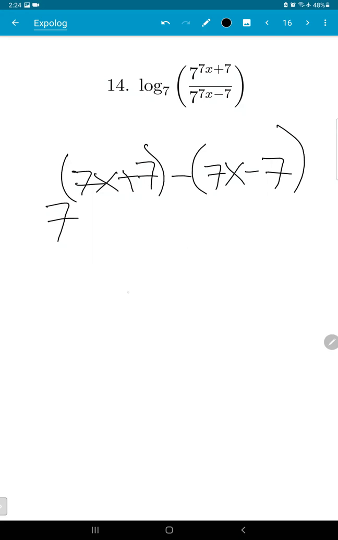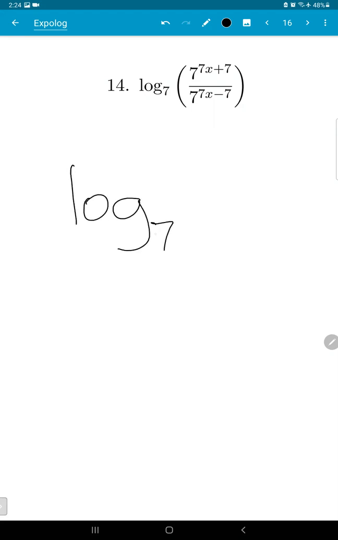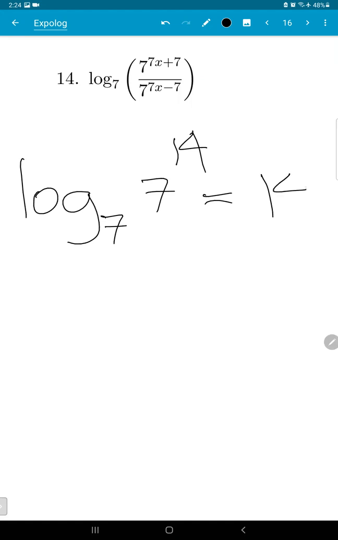So that becomes 7 to the 14. 7x cancelled. And then use that property. The fact that they are inverses tells us that the answer is. Any questions so far?